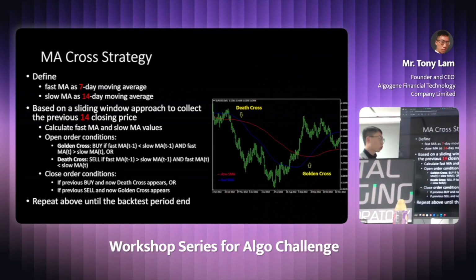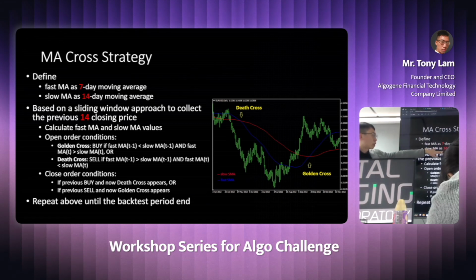Once we have the trading idea, we need to formulate our trading logic into a computer program. Here are the steps. First of all, we need to initialize our two variables, fast MA and slow MA, with respective parameters of 7 and 40 days.